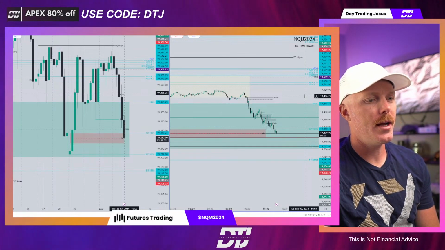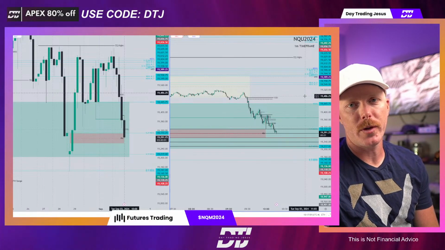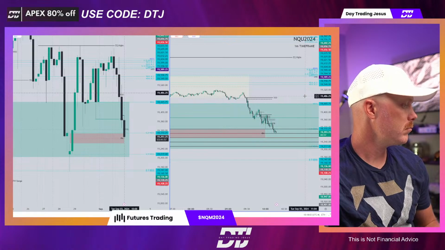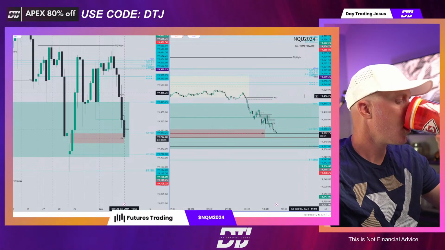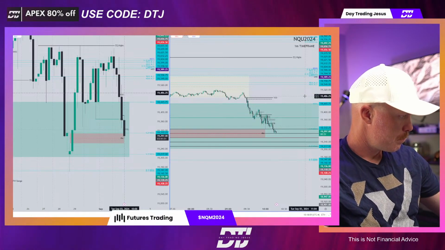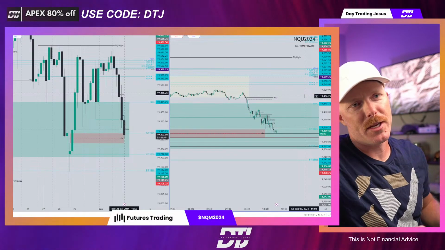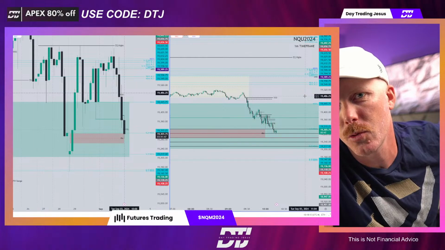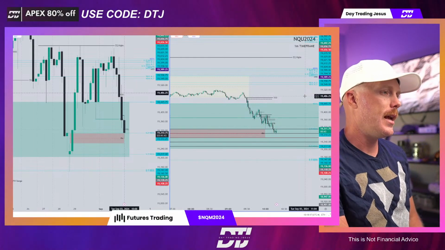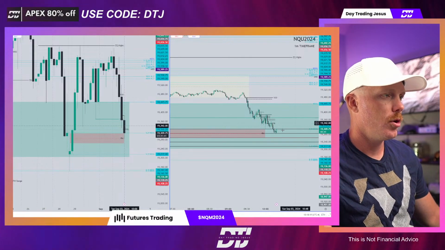My biggest trade I've ever had so far last week, 168 handles. And when I say biggest trade, I normally take 10 to 20 handle trades. That is my bread and butter. In and out.